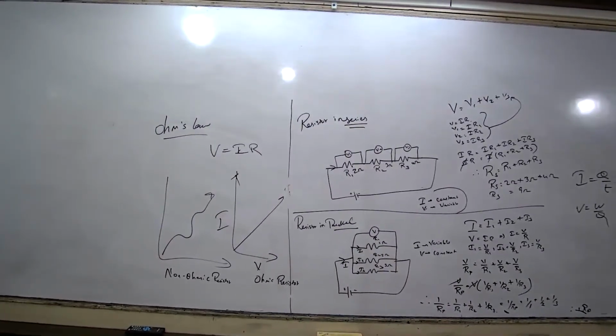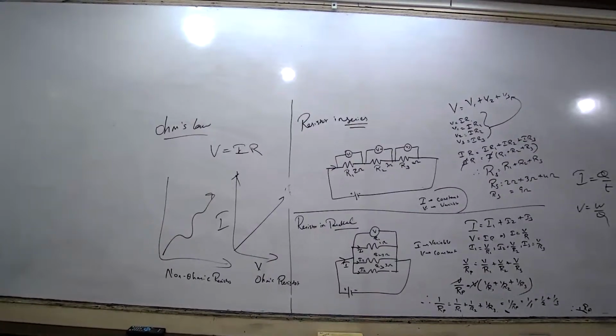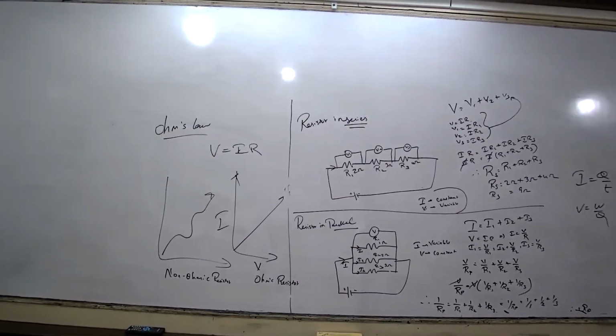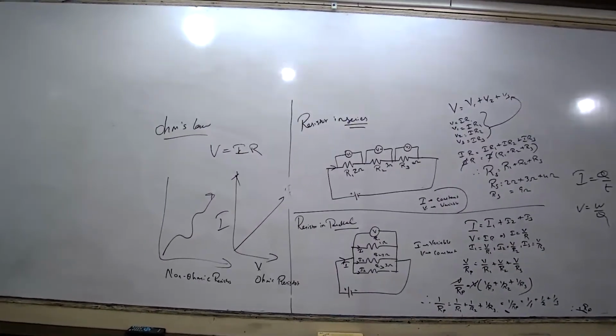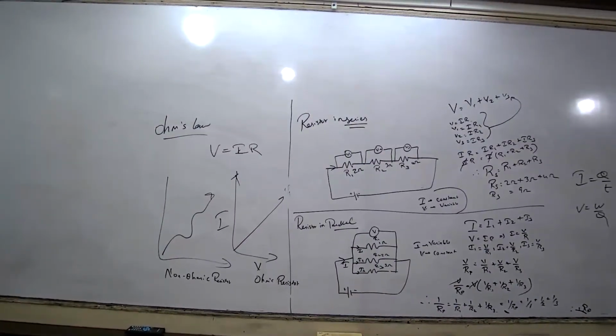The total potential difference is what? Understand why we are getting 3 volt? Series, so 1.5 plus 1.5 is 3 volt.